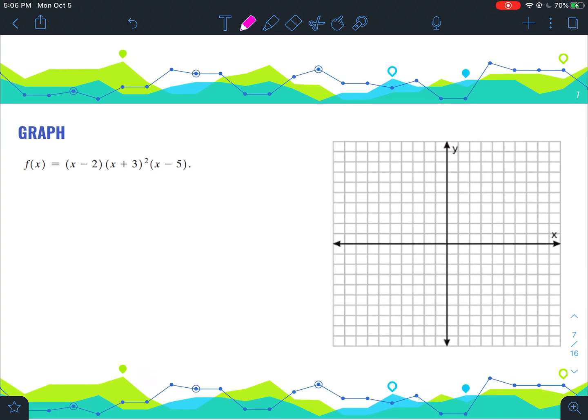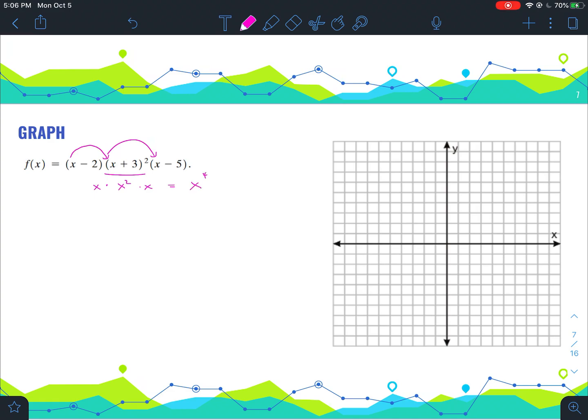So we have f of x equals x minus 2 times x plus 3 squared times x minus 5. To talk about its end behavior, we need to know its degree and its leading coefficient. To figure this out, we technically only need to multiply the biggest x's together. Order of operations says do exponents first, so that would create an x squared.